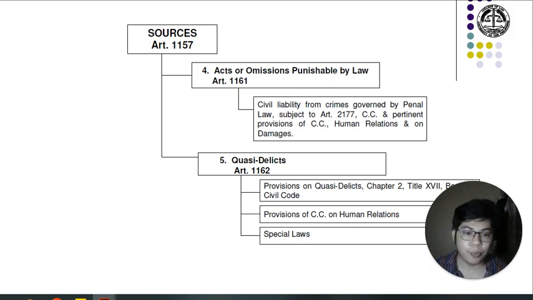Okay? So take note, in this case there was a loan. So who are the sureties? Who are the guarantors? How do you distinguish sureties from guarantors?